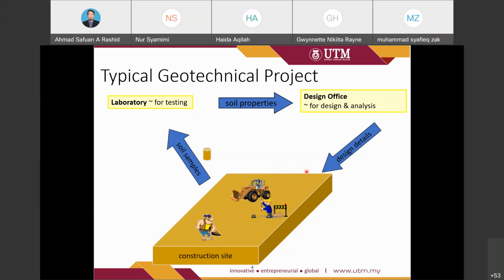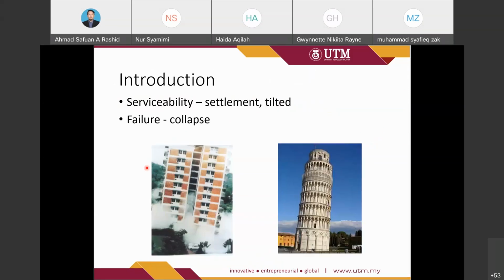So it's very important for us, for example, to know what the soil properties will be that we may use in the design, either using software or hand calculations. Okay, so for the design process, we may check two elements, which is the feasibility.